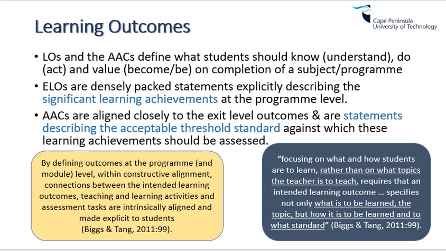Associated assessment criteria are aligned closely to the exit level outcomes, therefore, and are statements describing the acceptable threshold standard against which the learning outcomes are assessed. So it gives detail of how the learning outcomes are going to be measured, but it also very much sets the standard.